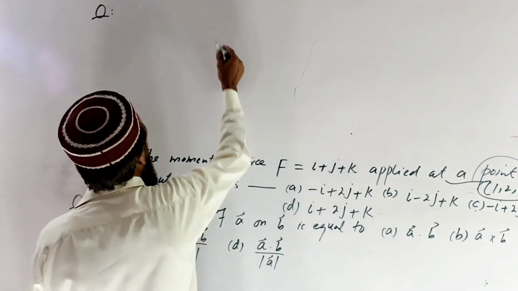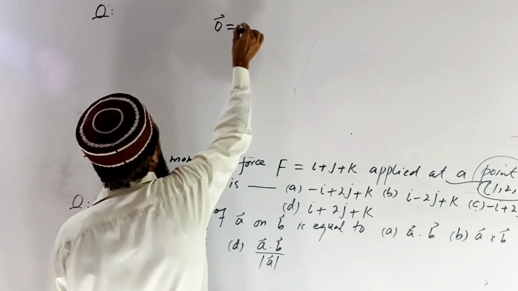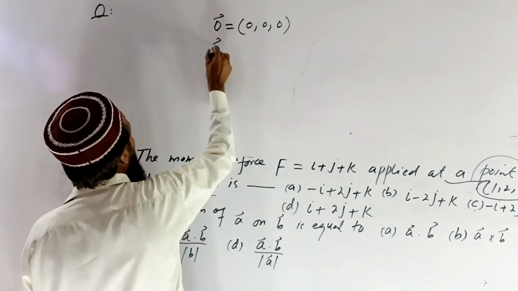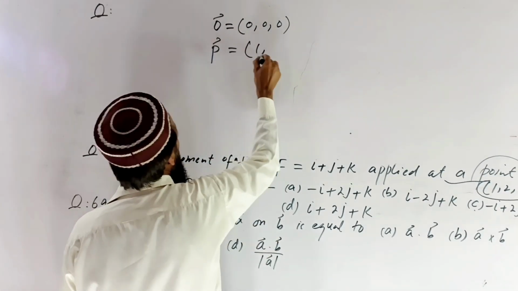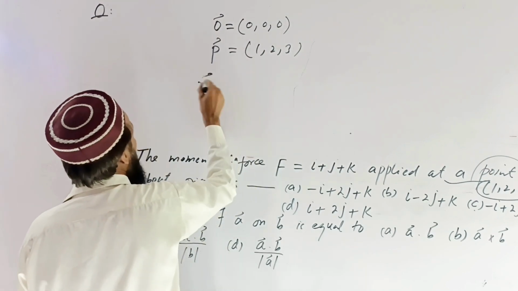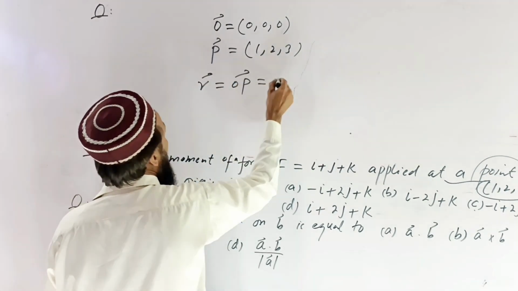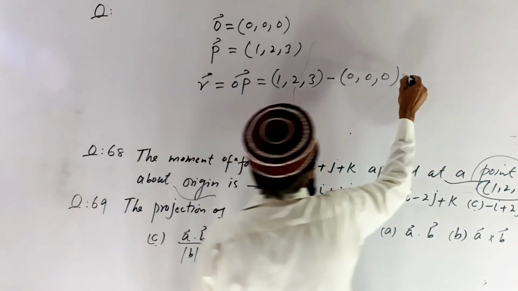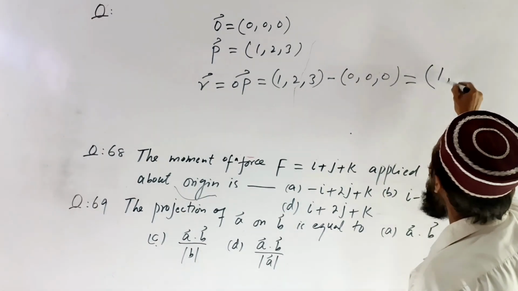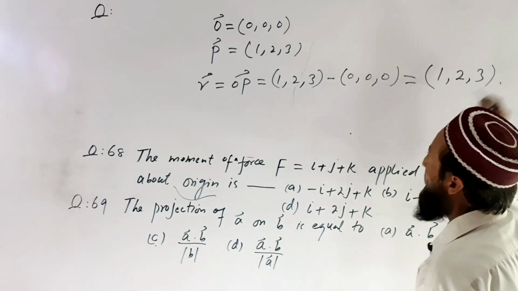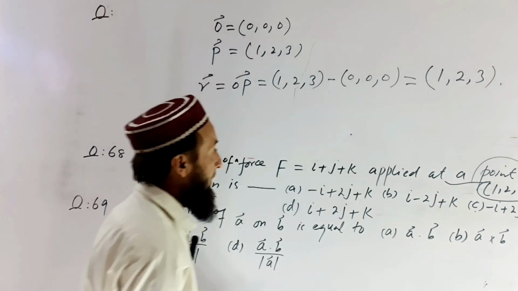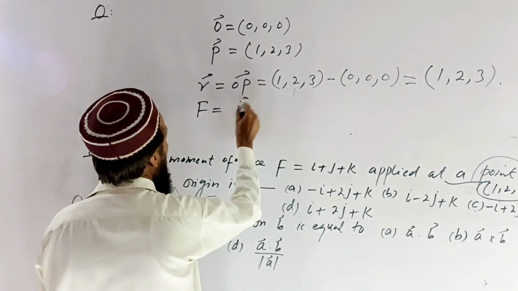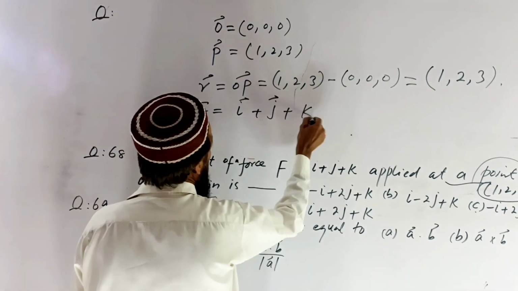So if we take O as the origin, 0, 0, 0, and P as any point, we can write it in this form, 1, 2, 3, and we take the position vector OP, so we write 1, 2, 3 minus 0, 0, 0. So the result will be 1 minus 0, 1, and 2 minus 0, 2, and 3. So the position vector is R, and the force is also given: force is equal to i plus j plus k.